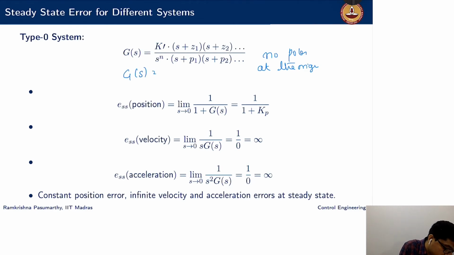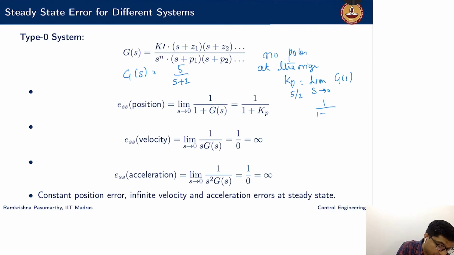G of S was 5 over S plus 2. Now I defined the term Kp. Kp was the limit as S goes to 0 of G of S. So in this case, the limit as S goes to 0 of G of S will be 5 over 2. And therefore the steady state error will be 1 over 1 plus 5 over 2.